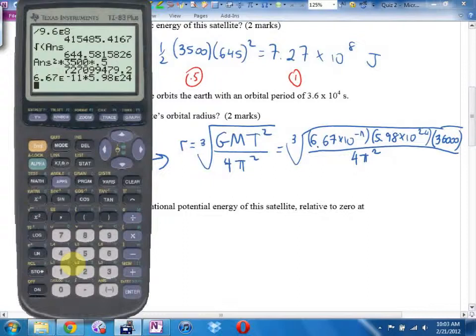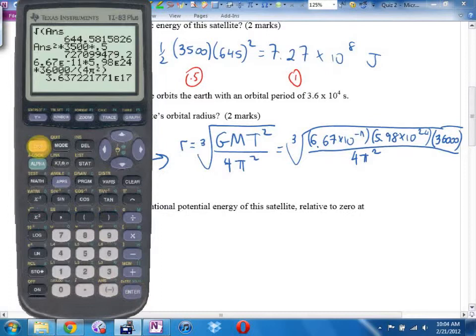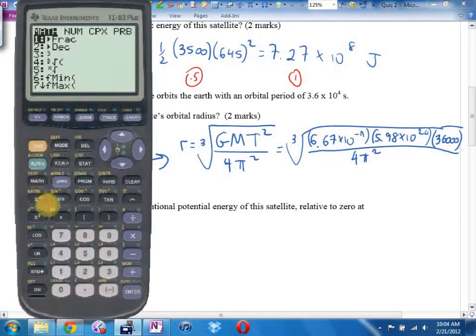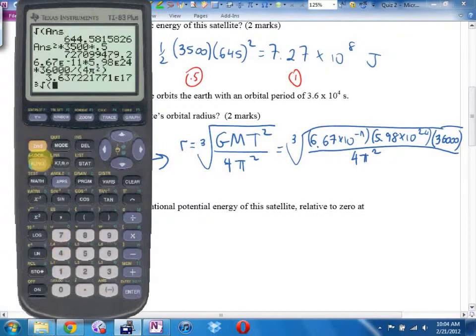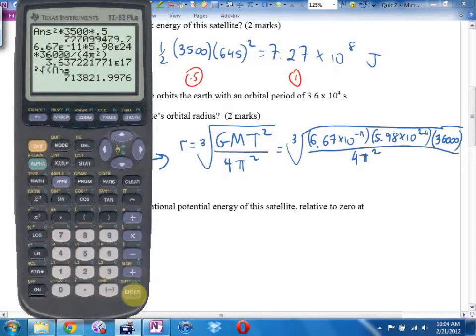Times 10 to the 24th. Times 36,000 divided by bracket 4 pi squared, close bracket. Cube root of this, math, cube root. You get 7.14 times 10 to the 5.